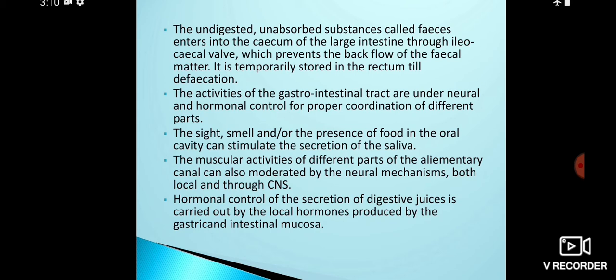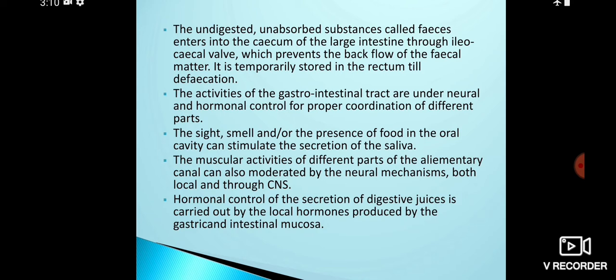So how is it being regulated or controlled? That is being controlled by the neural mechanism also. Neural mechanism means it is being controlled by the central nervous system, and it is even controlled by the local mechanism with the help of the central nervous system.